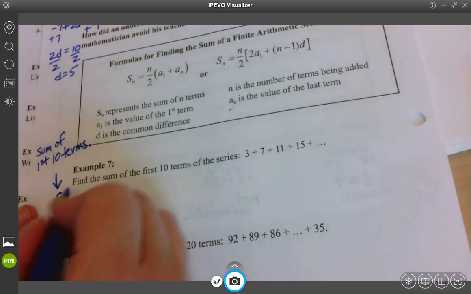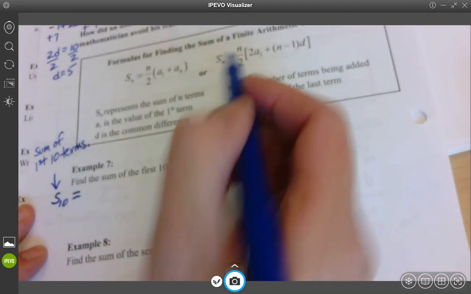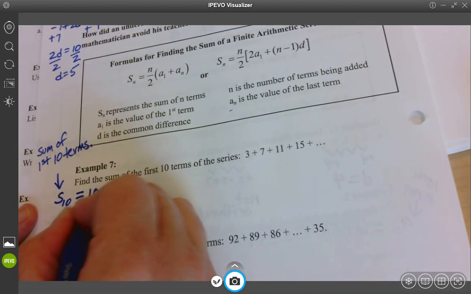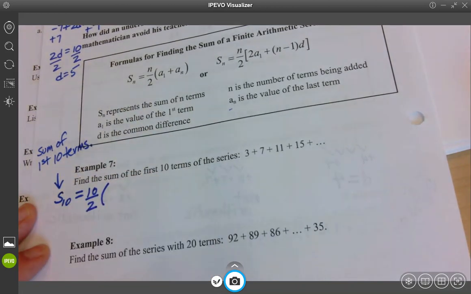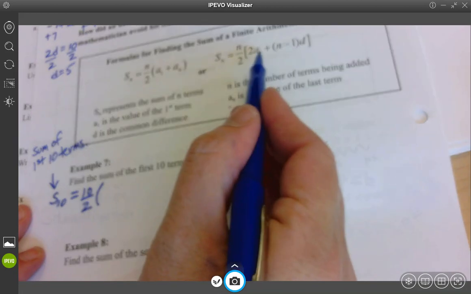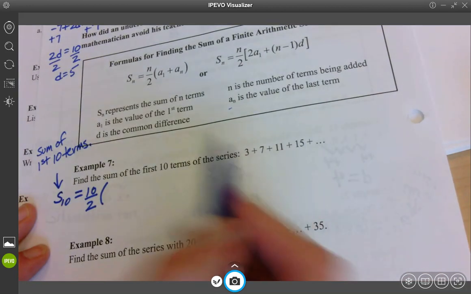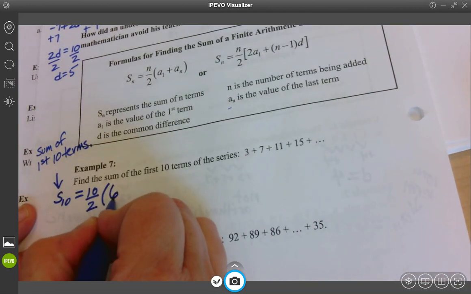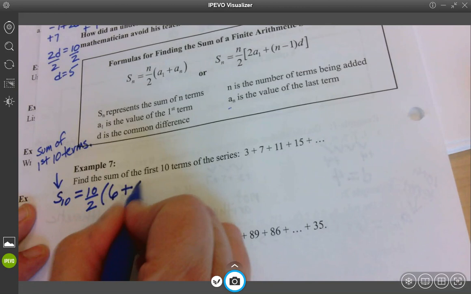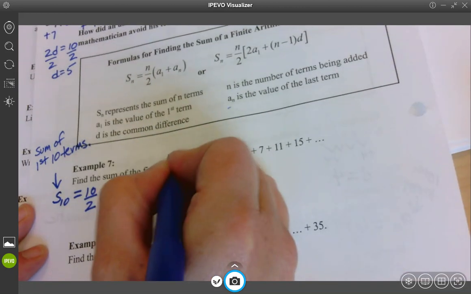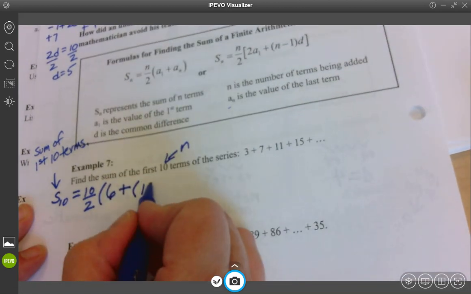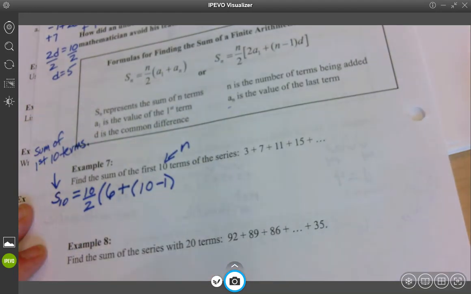All right, and to find it, I do n over 2, so 10 over 2, times 2 times the first term, so 2 times 3 is 6, plus n is 10. And then how much is the D?